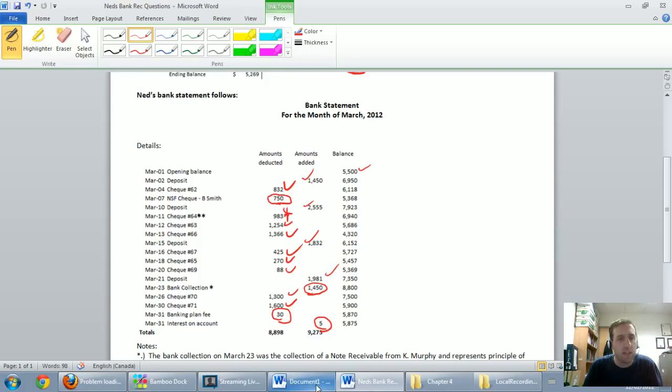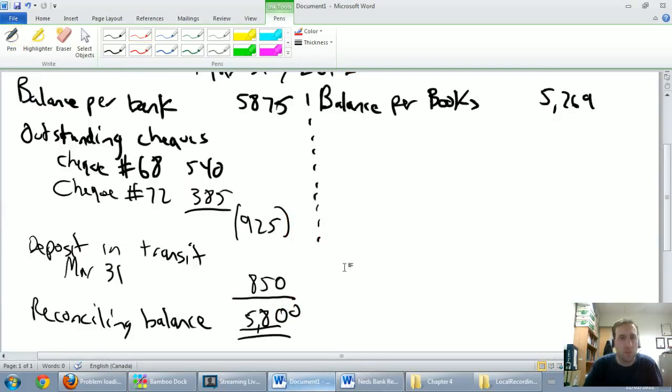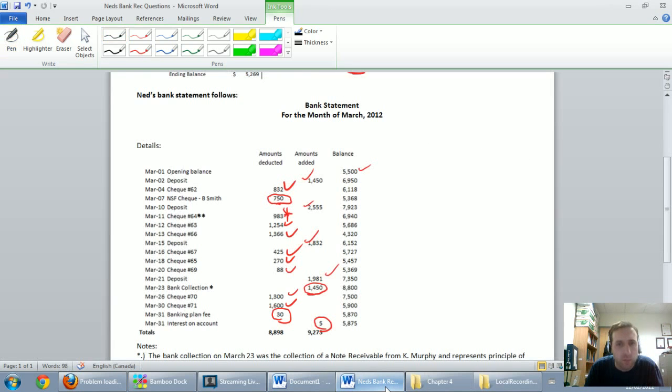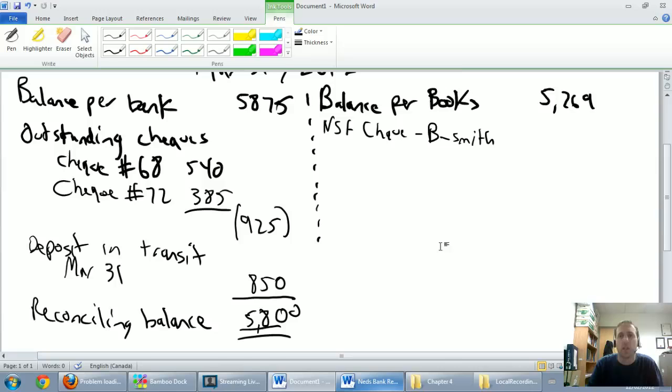So the first one is the NSF check from B. Smith. So I'm going to go in here and I'm just going to say NSF check B. Smith. And that NSF check was for $750. So let's put that in over here, $750.